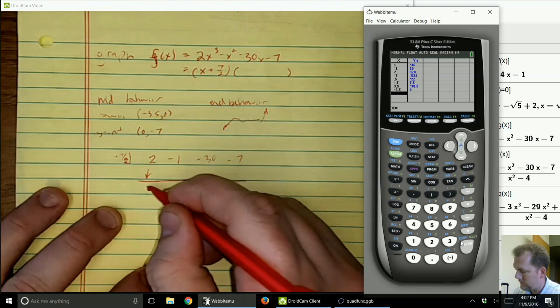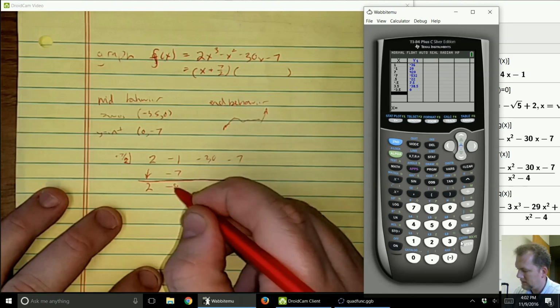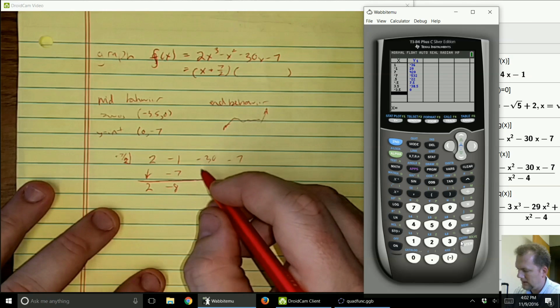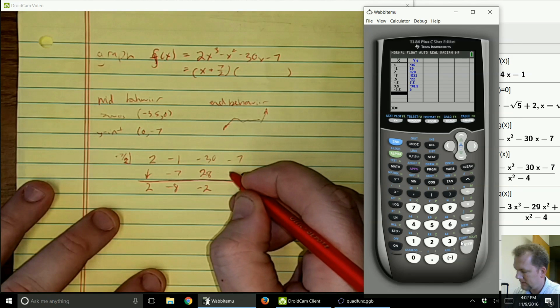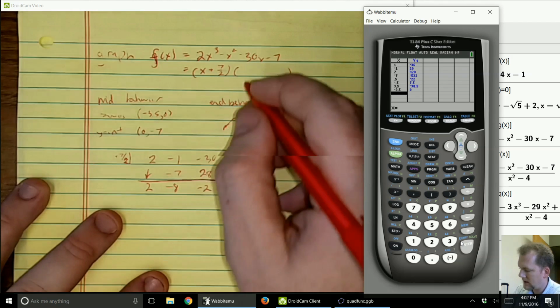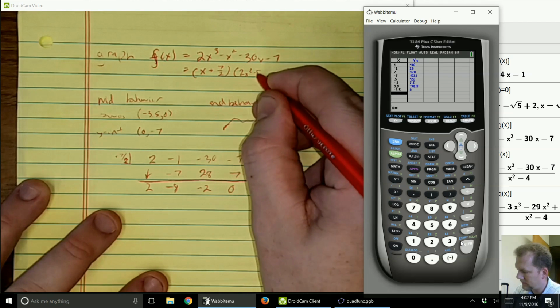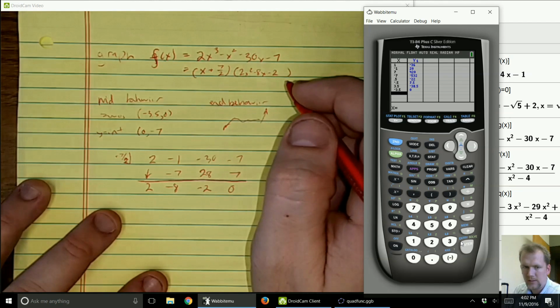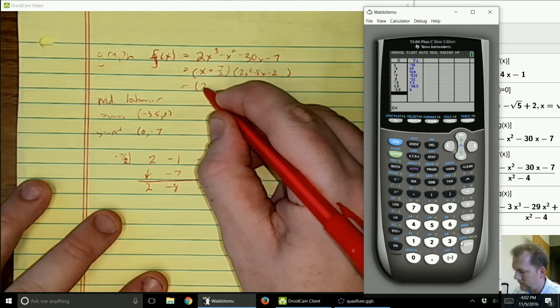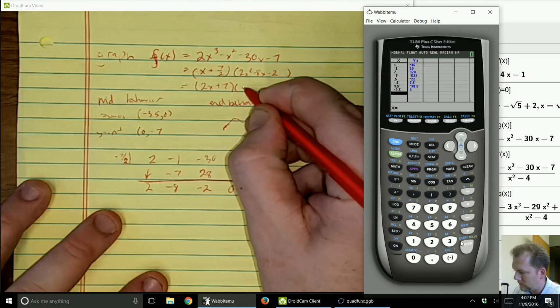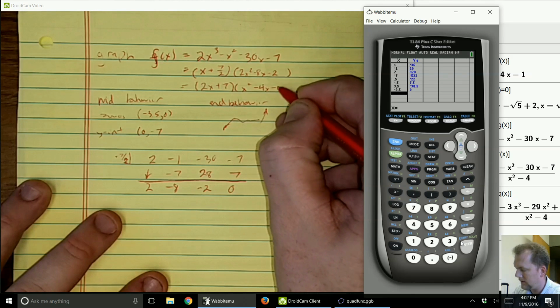So 2, negative 8, negative 2, 0. So it's 2x squared minus 8x minus 2. I'm going to factor 2 out of here and distribute it into there. So I get 2x plus 7, times x squared minus 4x minus 1.